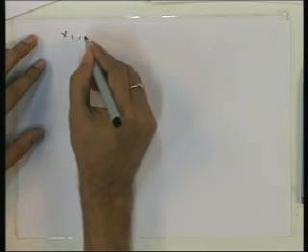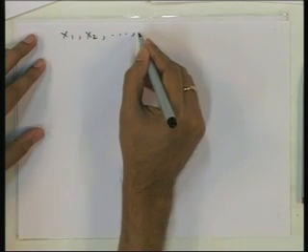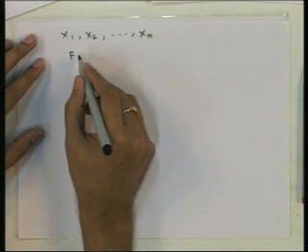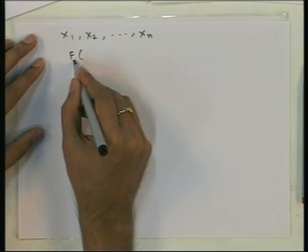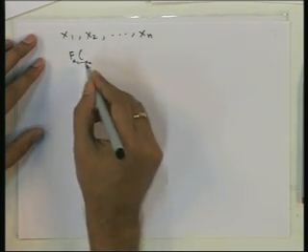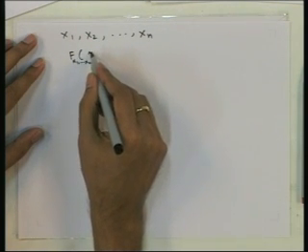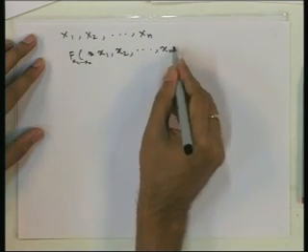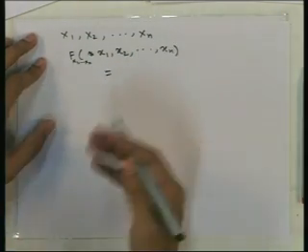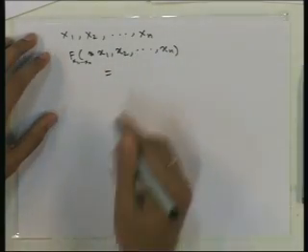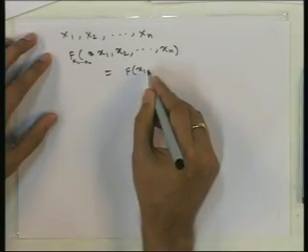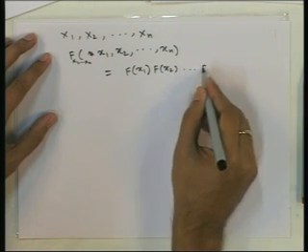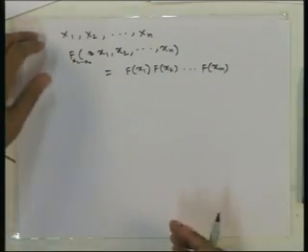If we have these random variables, then they are called independent random variables if their cumulative distribution function factors, that is, the joint cumulative distribution function is the product of the marginal cumulative distribution functions: F x1 times F x2 times F xn. So, all the random variables are actually independent.